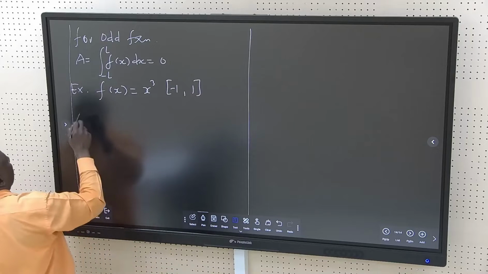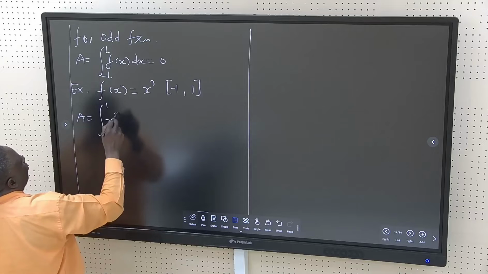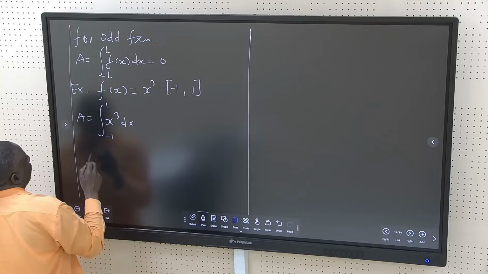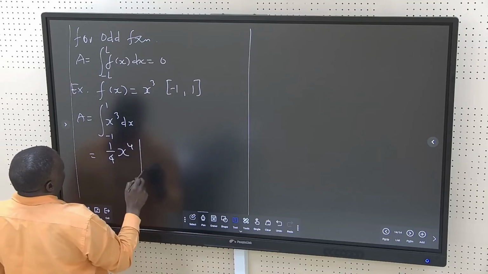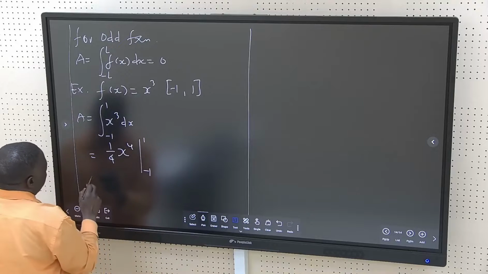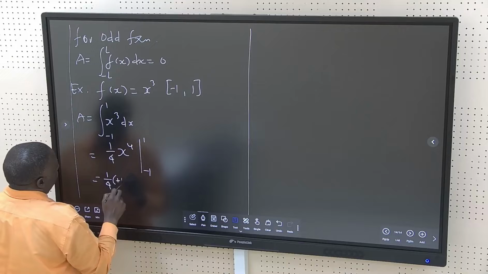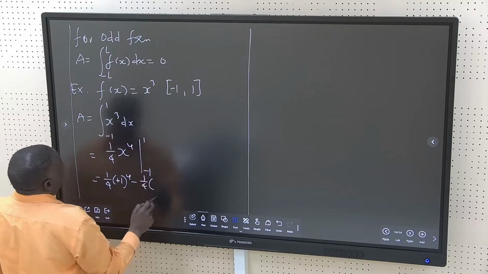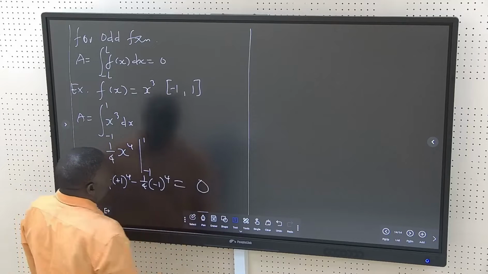This will be the integral from -1 to 1 of x cubed with respect to x. So this will give us 1 over 4 x to the power 4 from -1 to 1. What is this? This is 1 over 4 times positive 1 to the power 4 minus 1 over 4 times -1 to the power 4, which is 0.